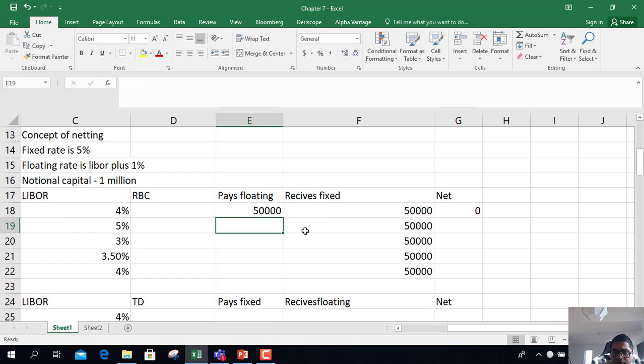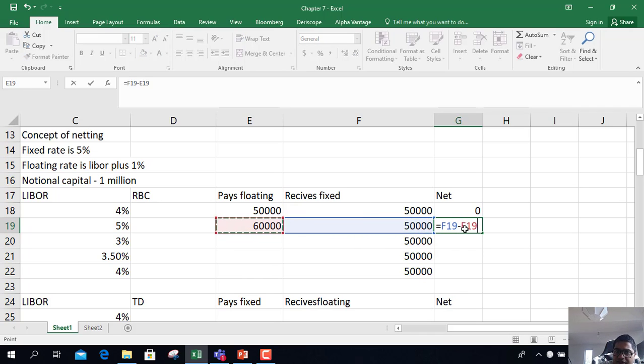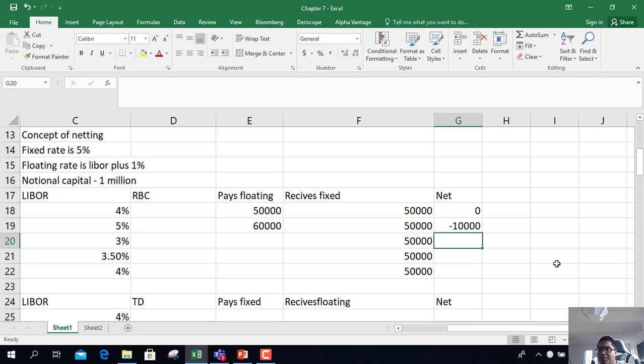In the second year it is going to get 50,000, that is fixed. How much is it going to pay? LIBOR is 5%, plus 1% spread, into 1 million. So it's going to pay 60,000 and receive 50,000. So net payment would be 10 grand. So effectively RBC is going to pay $10,000 into the swap, right?